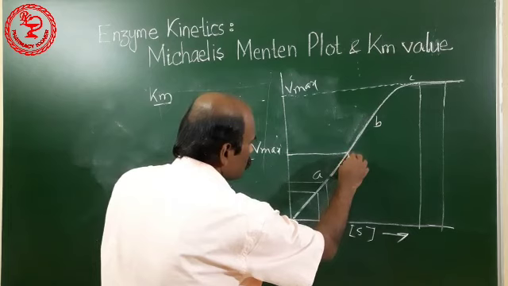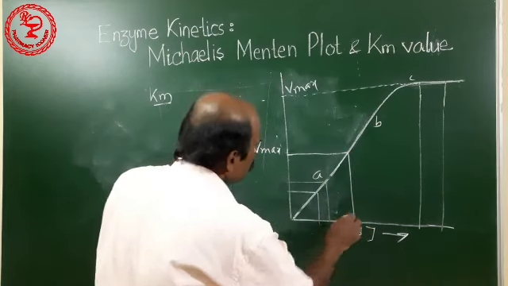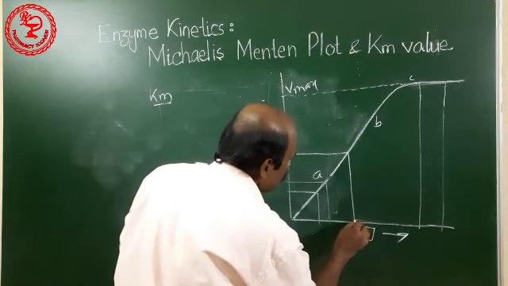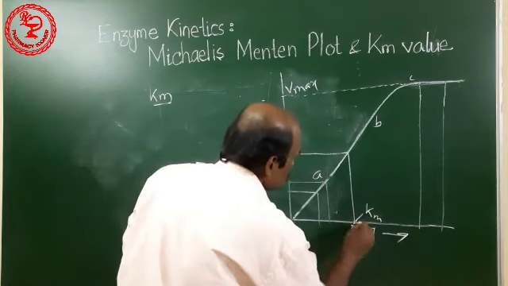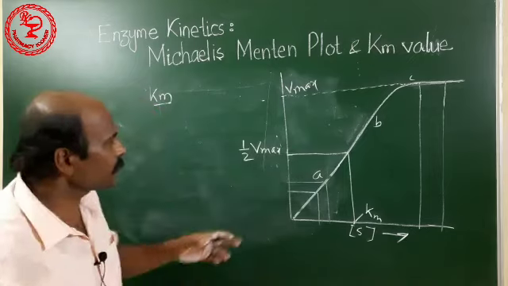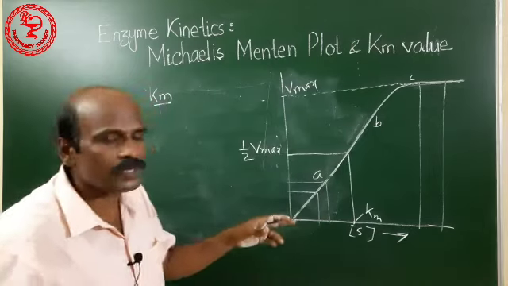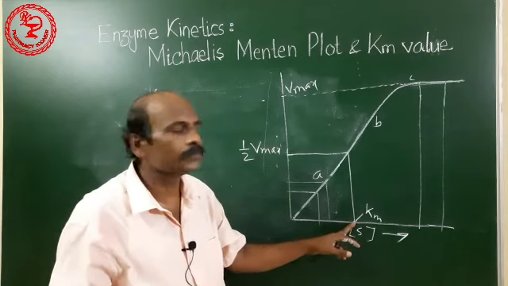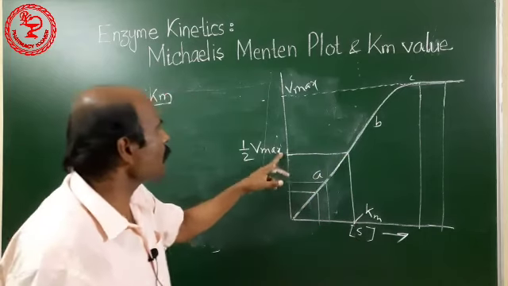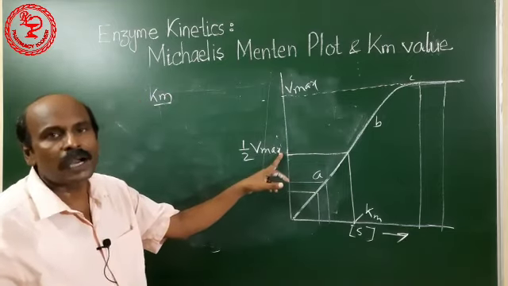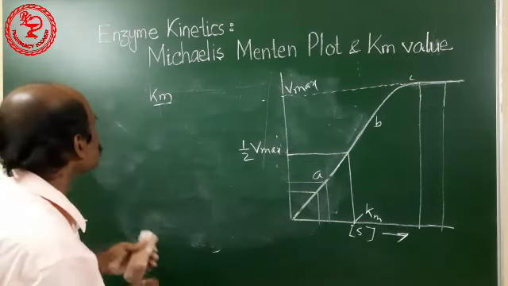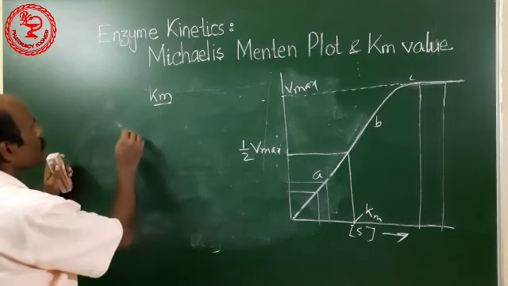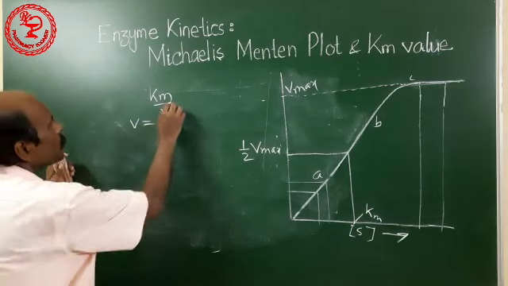Then at this point, we draw a line parallel to the y-axis. This point is called the Km. So what is Km? Km is the substrate concentration which gives the half maximum velocity.